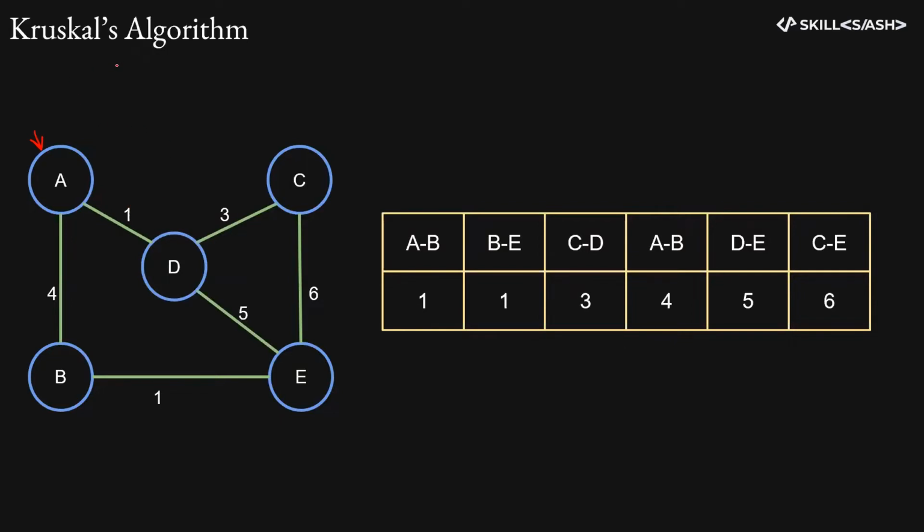Now Kruskal's algorithm says that you don't have to start traversal from anywhere, there is no starting point, but we just have to find a graph or a subgraph, in a proper way, that covers all the nodes. So we just have to find the collection of edges such that those edges are connected so that it forms a graph and it covers every node.